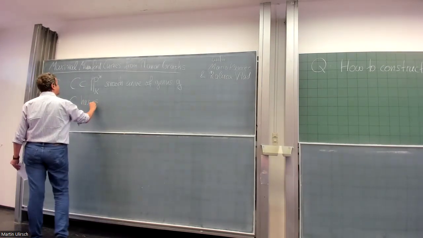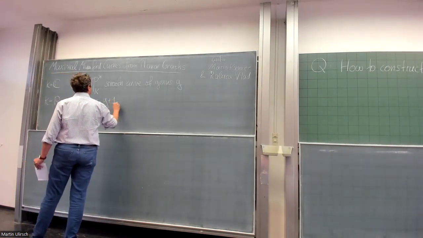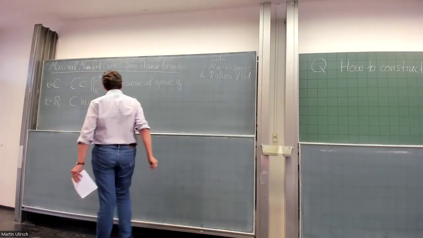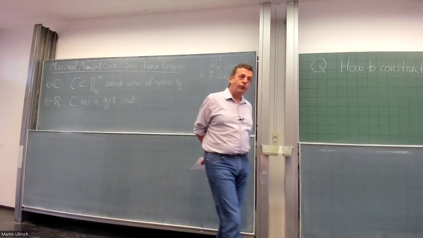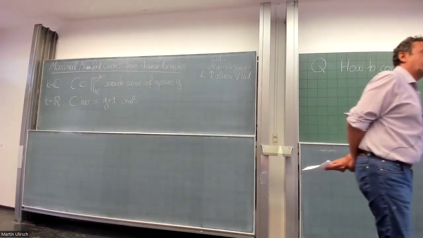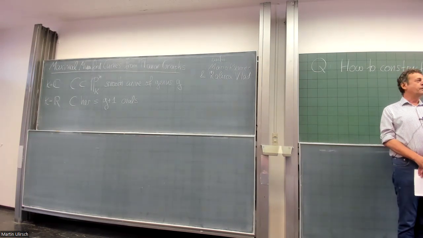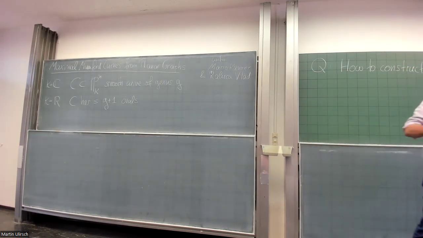So the real locus has at most G plus 1 ovals. So an oval is a connected component, and over the real numbers, each connected component is topologically a circle. Right? So the real part, that is to say the fixed point locus of an involution on the Riemann surface, is a finite union of ovals, topological circles, and the 19th century theorem from Harnack says the number of ovals is at most G plus 1.